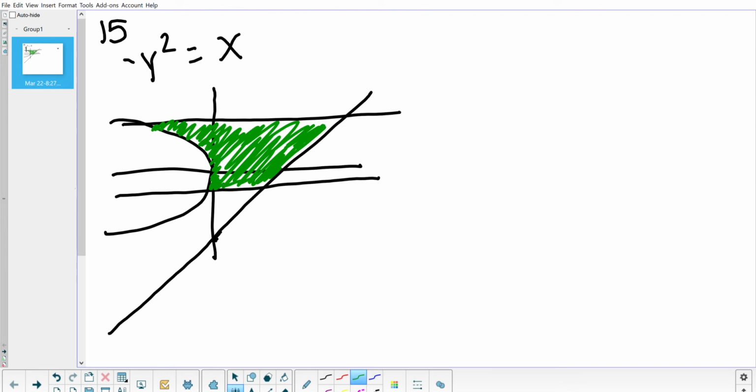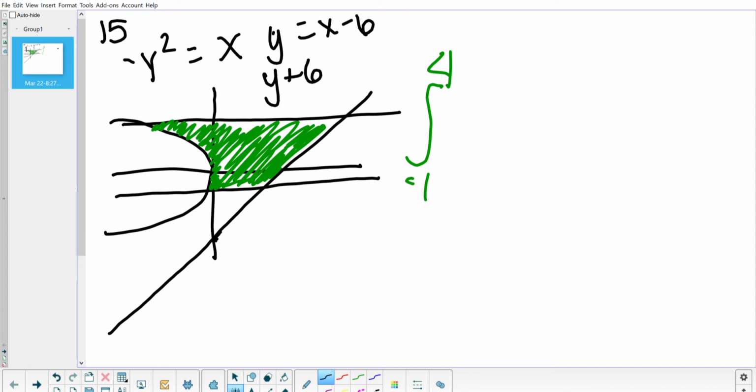Doing this in terms of y, those horizontal lines make our y boundaries really clear. We're going to do this from -1 to 4. Right is this line, y equals x minus 6, so that would be y plus 6 equals x.